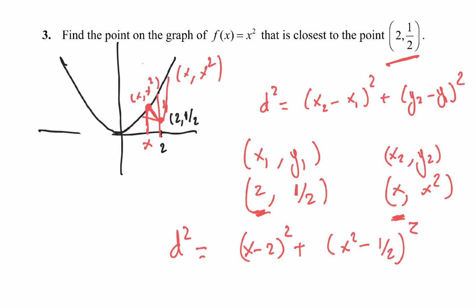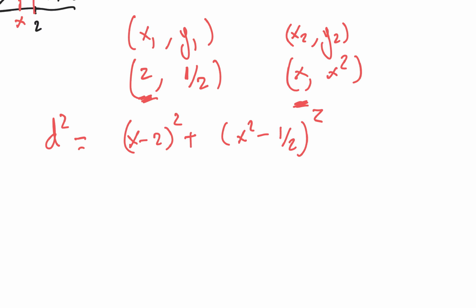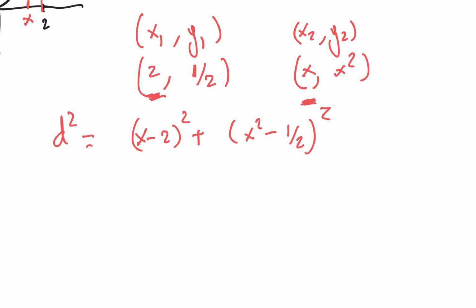Wow, it's powerful, this method. So what we will do: if the distance is the minimum, the distance squared is also a minimum. So this function, let's call d equal d squared. d is a function that depends on x.